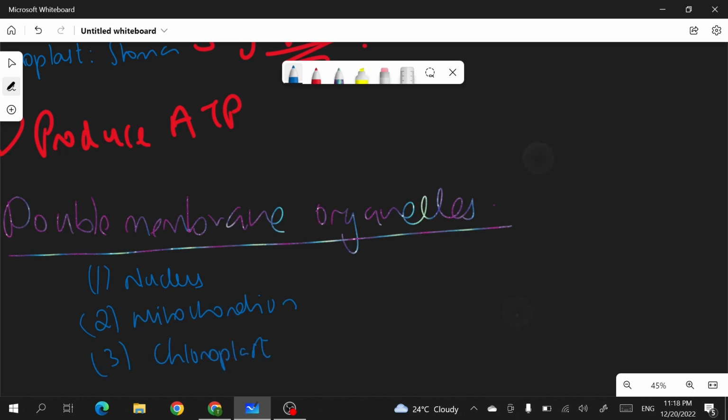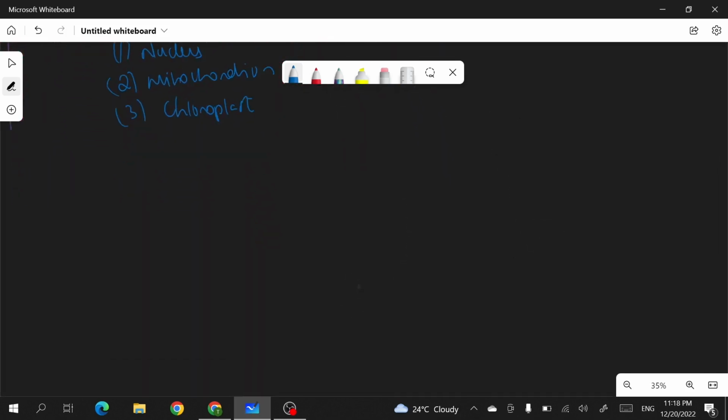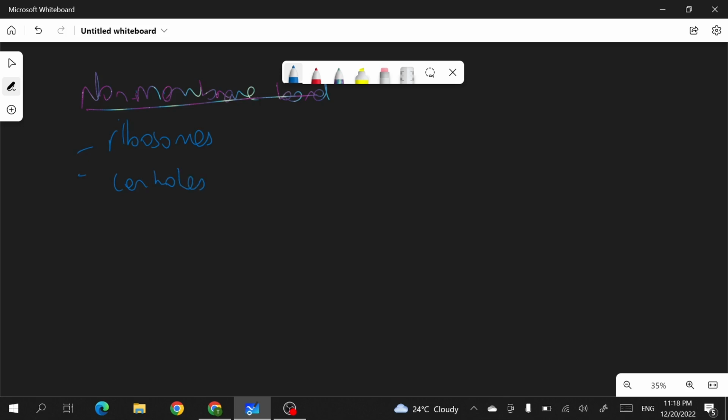You need to remember that. Then you have non-membrane bound organelles, which are simply the ribosomes. You also have the centriole, but you need to remember ribosomes.